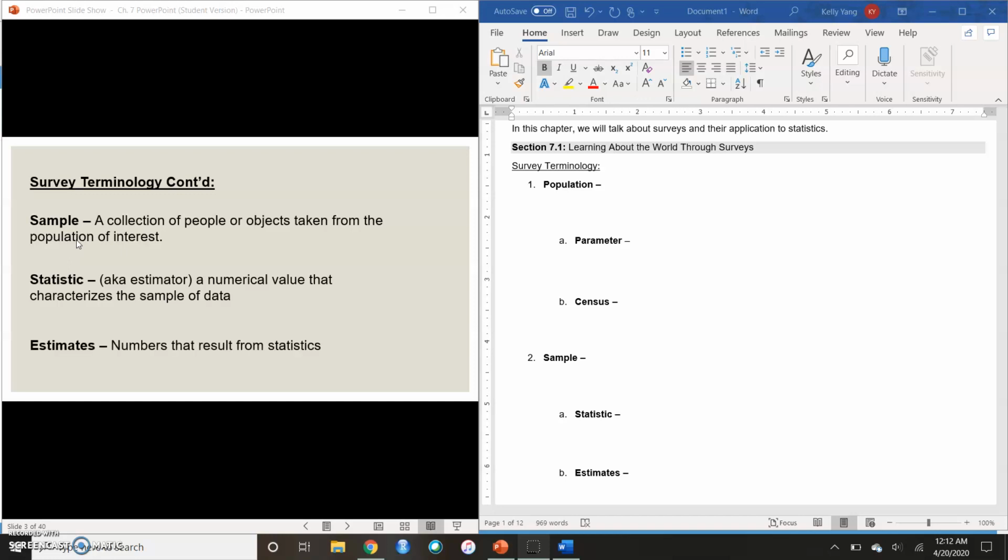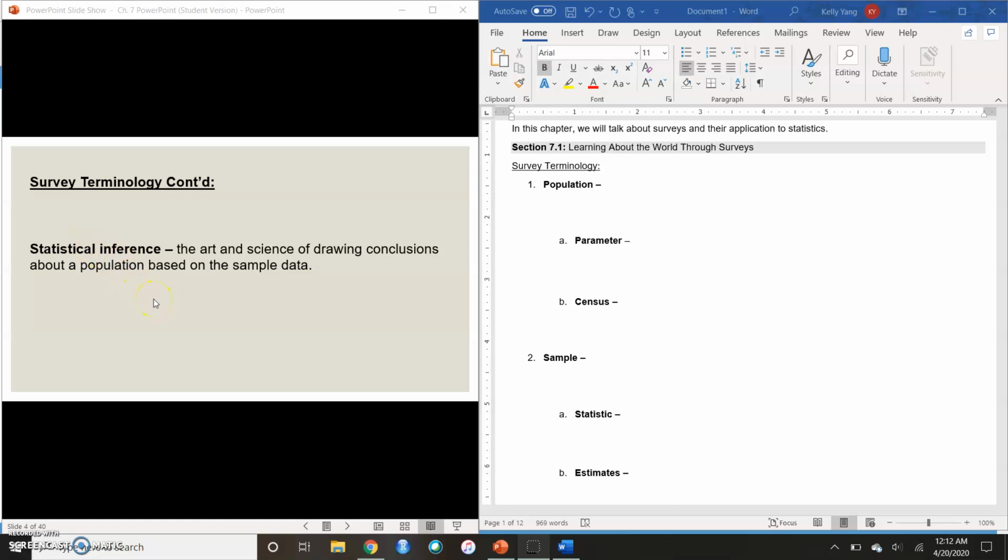The next term would be an estimate or estimates. So estimates are just numbers that come as a result of statistics. So we'll look at examples of each of these terms to make it easier to understand what I'm trying to say. But it's very definition heavy, so I highly recommend getting a good grip of these definitions before moving on.